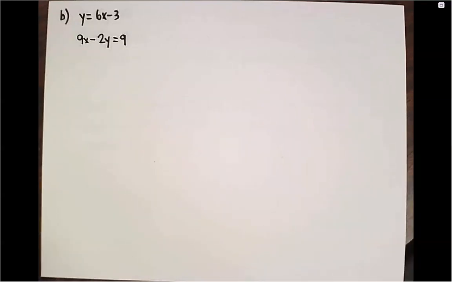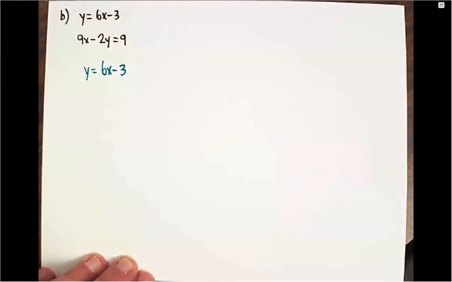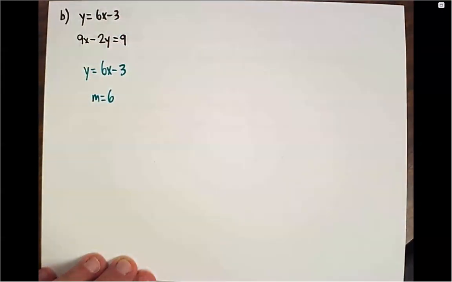So let's do another. Here we've got y equals 6x minus 3 and 9x minus 2y equals 9. If I look at the first equation, y equals 6x minus 3, that's already in slope-intercept form, isn't it? So what is the slope of this? 6. So I don't really have to do much for the first one to get the slope.